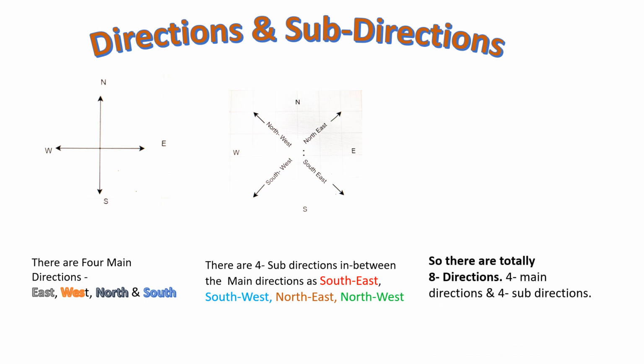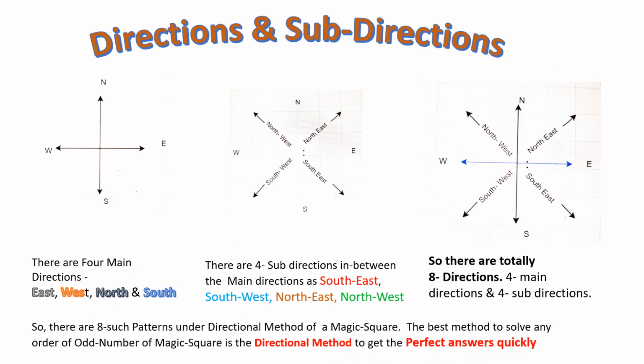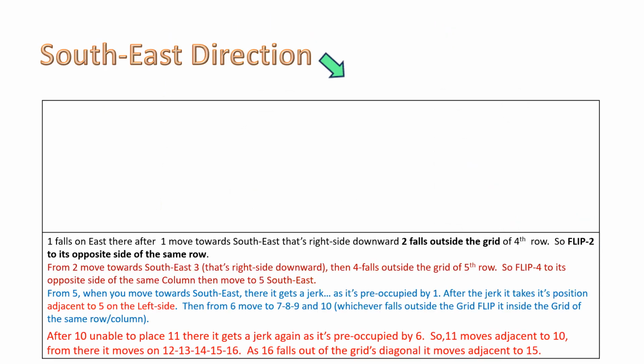So there are totally 8 directions, 4 main directions and 4 sub-directions. By starting from these main directions to the sub-directions, you will get 8 patterns of the magic square with answers very easily.